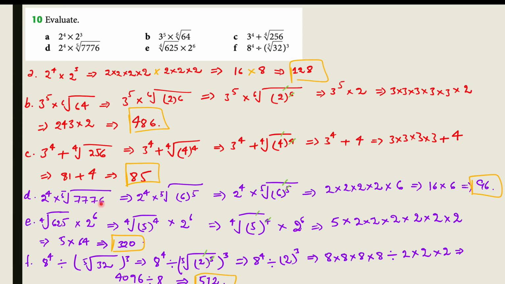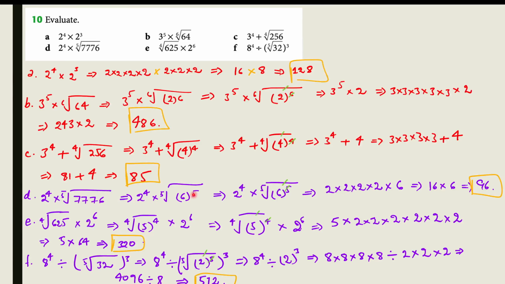We can write this term as 6 raised to the power of 5 under the root. If 6 is multiplied with itself 5 times, we get 7776.